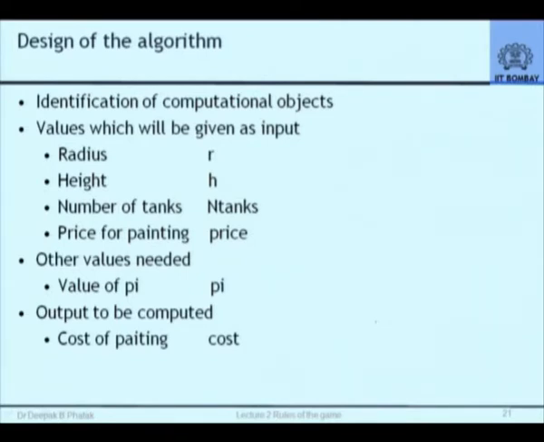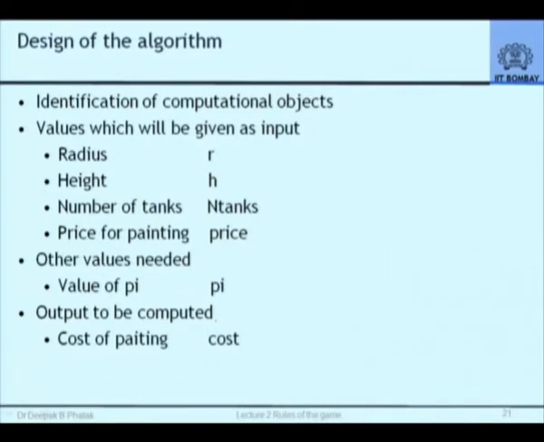Other values needed: I need a value of pi. Since I don't have that complicated Greek symbol available to me, I will use a simple name pi for pi. And finally, using all the analysis that I have done, I have to do some computations which will result in a value. That value is going to be the cost of painting. So, the cost of painting, I denote it by cost.